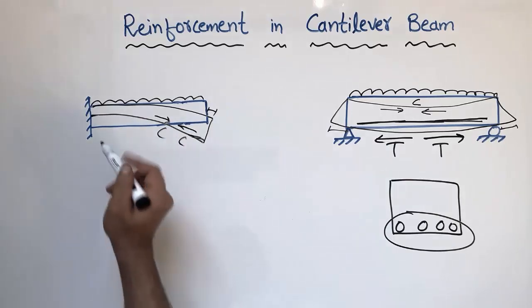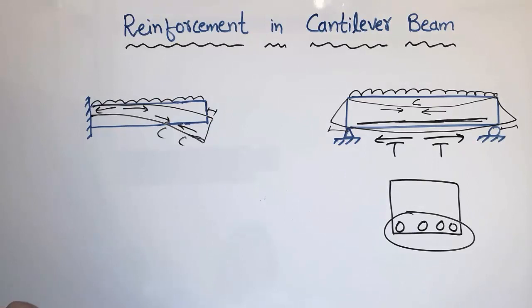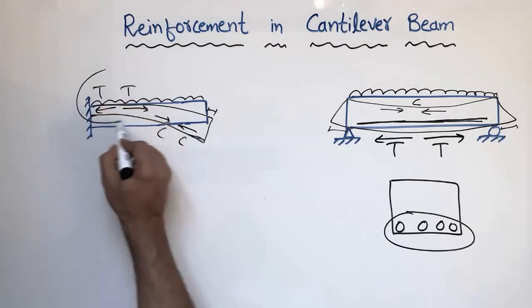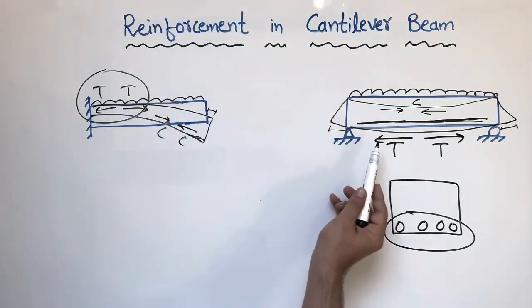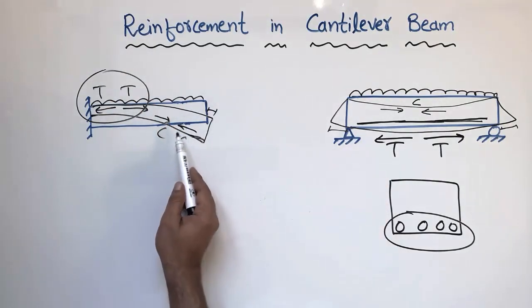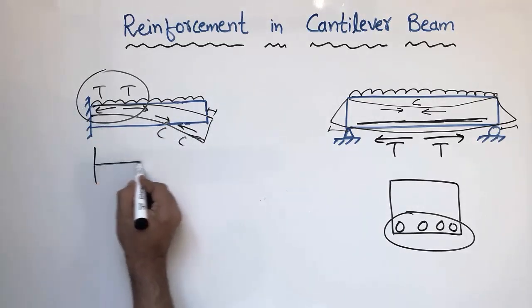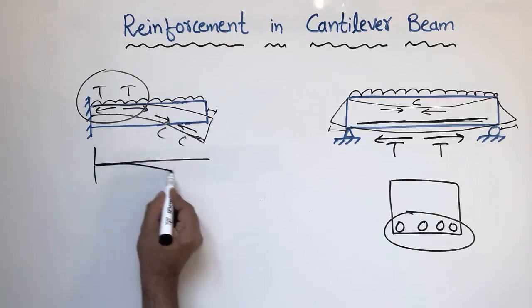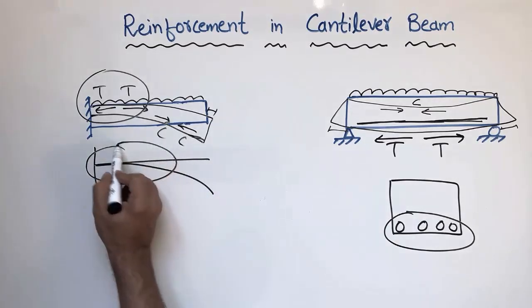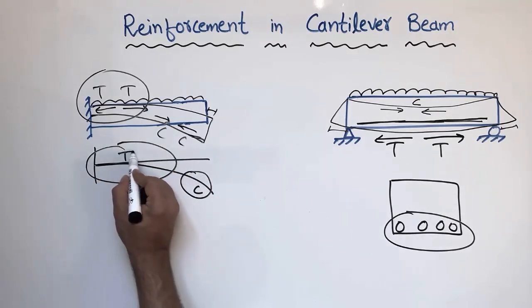So what we say is that tension has been created in the top portion of the cantilever beam. So we see here that the tension is in the upside of the beam. It is not like the simply supported beam where we have tension in the bottom of the beam. But in this case, due to the application of load and due to this fixed end, this beam will deflect in this way. So we have tension here at the top of the beam, and we have compression at the bottom of the beam.